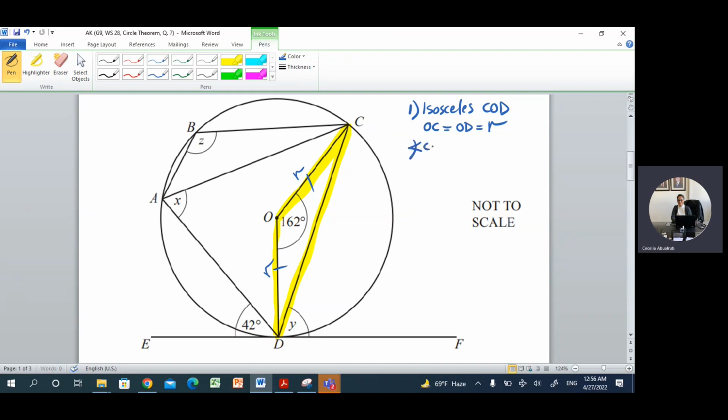Accordingly, angle CDO is equal to angle DCO, and they're both equal to 180 minus 162, which is the given angle here, divided by 2, and this will bring these two angles to 9 degrees. So this angle here is 9, and this angle here is 9 degrees as well.